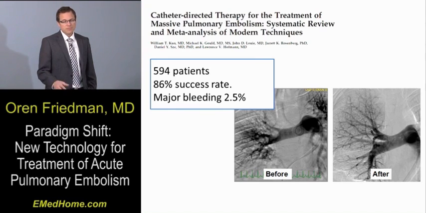First of all, in massive pulmonary emboli, where the patient's really, really unstable and you just need blood flow to get from the right side to the left side, it may be more appropriate to try to break up clot or aspirate clot. But in a patient that's a little bit less unstable, the last thing you want to do is break up a clot, embolize it distally, and actually make your pulmonary vascular resistance worse.